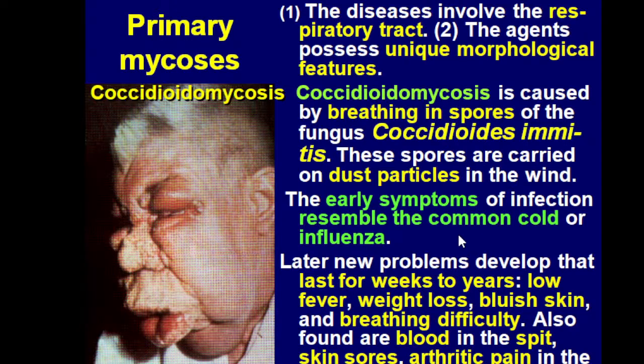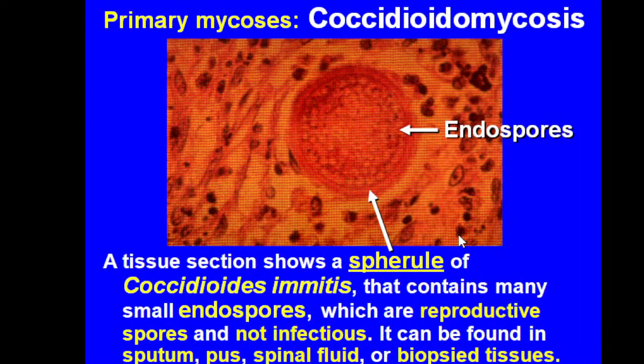So initial symptoms may resemble the common cold because that is not so strong inflammatory response. But then later on problems will grow, and they may develop within weeks to years, and that will be low fever, weight loss, bluish skin, breathing difficulties, and when they are spread through the bloodstream, the elements of fungi may be found in the blood, in the synovial fluid, in the spit and in bones and joints.